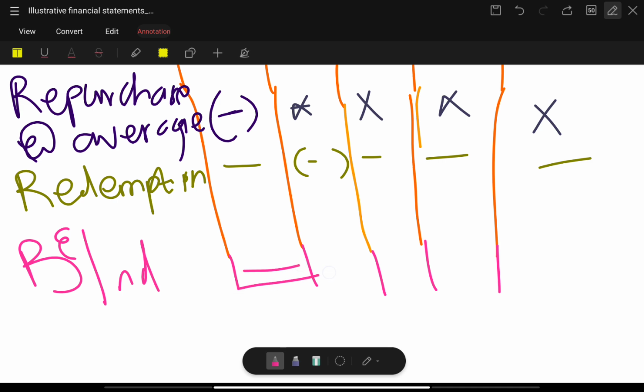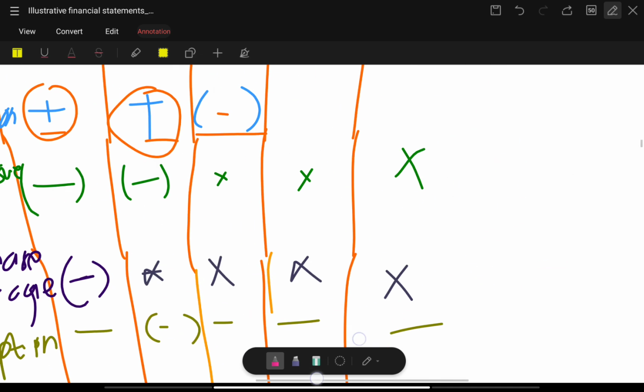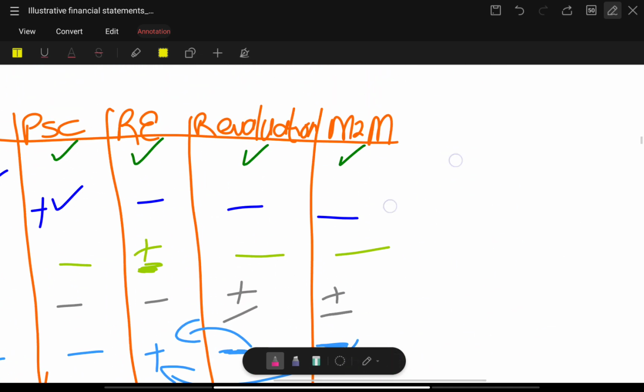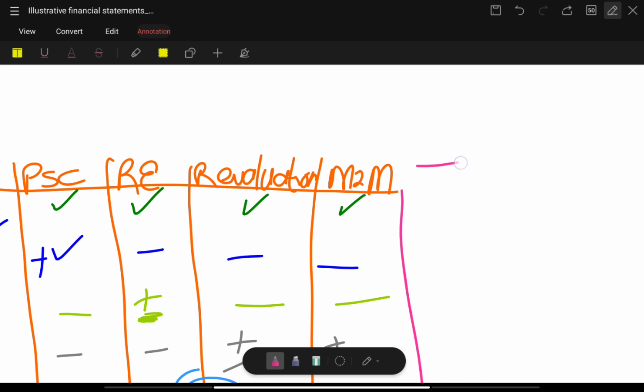The balance at the end should always be shown. The total line item or the total column is not important if they don't say anything about it. But if they say it's required, please draw it. If they say it's not required, you don't have to draw it, because you will waste your time. The total line item will be here, where you will total them.